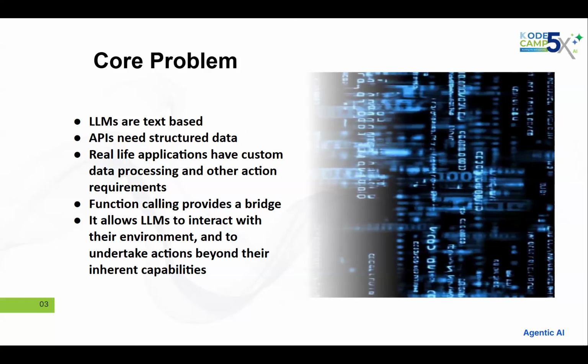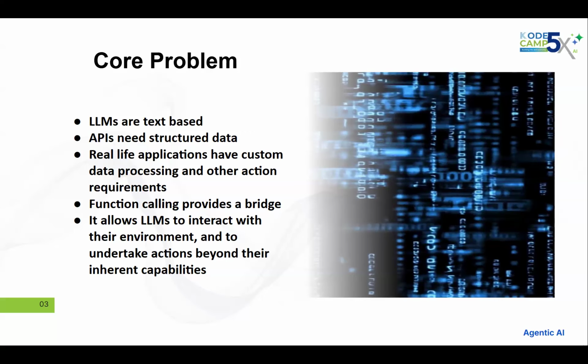So function calling provides a bridge between the text-based LLMs and these APIs, and even the actions, the interaction is via APIs. So between the text-based LLMs and these APIs that need structured data, let's say JSON data. So function calling allows the LLMs to interface with these APIs, so they interact with their environment and take actions that are beyond their inbuilt abilities.